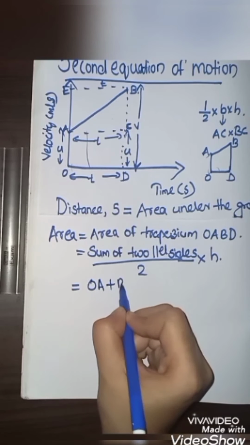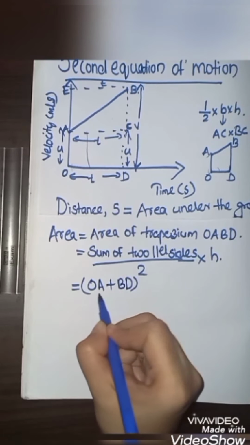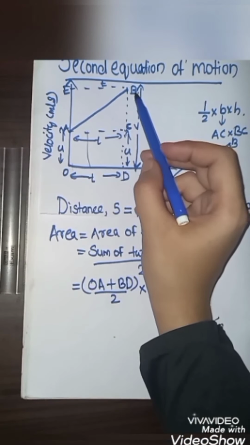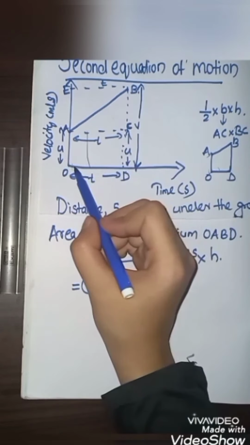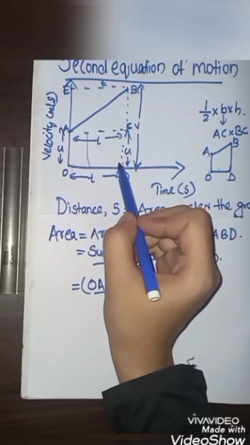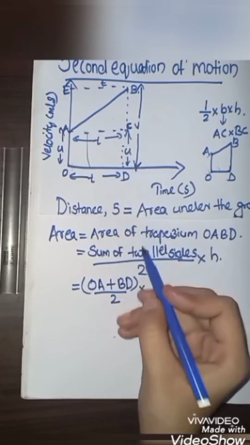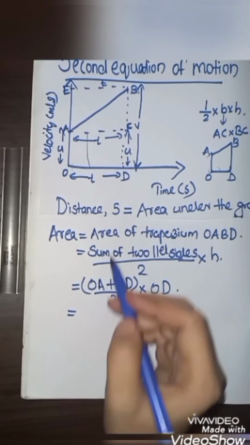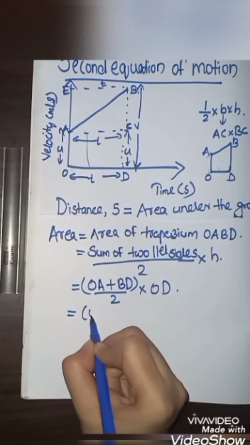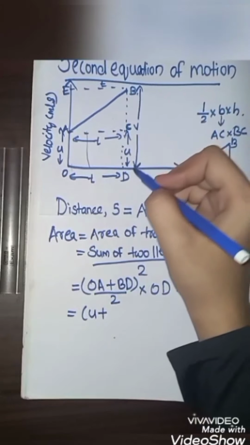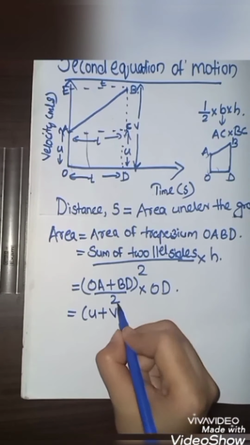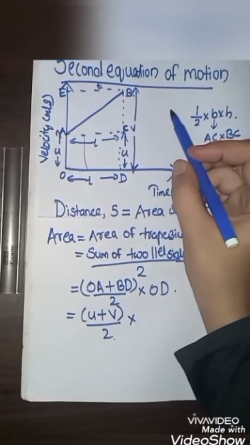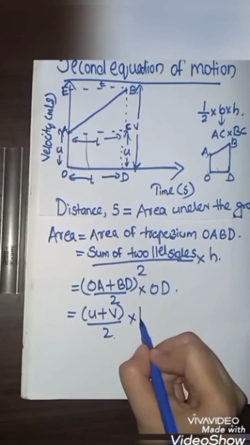OA plus BD all divided by 2 into the height. The height of this trapezium is OD, so into OD. OA is U and BD is V. So U plus V by 2 into OD. What is OD here? OD is T.